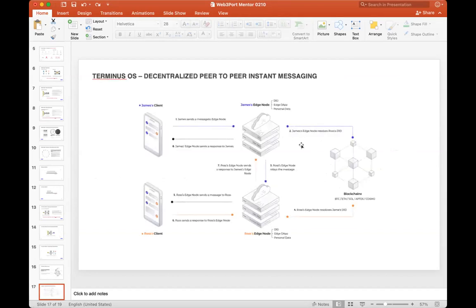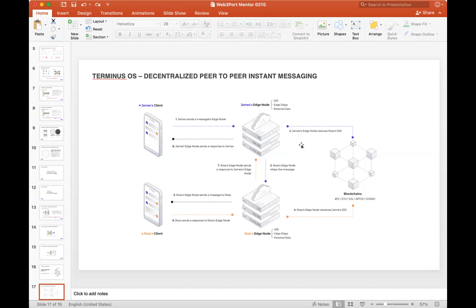All right, here is an example of how decentralized peer-to-peer instant messaging would be enabled under self-hosted nodes. Say James and Ross both have edge nodes, self-hosted nodes.